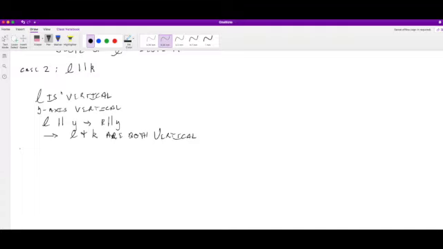So we started with the assumption that one was vertical, and that means the other one has to be vertical if they're both parallel. And a pushback that I can understand on this one is that, well, you're starting with the assumption that one of them is vertical. Yes, you are. We're starting with the assumption that one's not vertical, meaning one has a slope, and then we showed in the previous part, in case one, that if L had a slope of m1, then K had a slope of m2, we should then show that m1 and m2 are equal to each other.